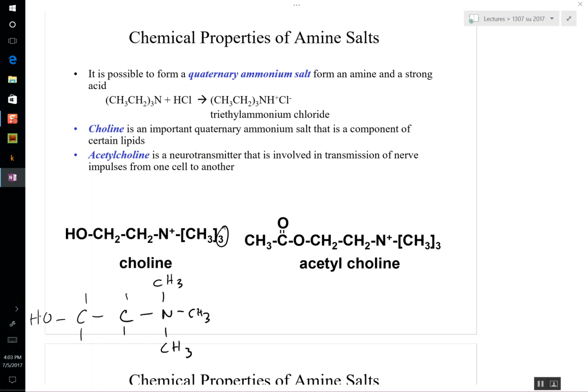It's an ethyl alcohol group attached to that nitrogen, but there are 4 carbons around that nitrogen. So that is a quat salt. Just 4 carbons. And those carbons can go on and be attached to other carbons. And you got a quat salt.